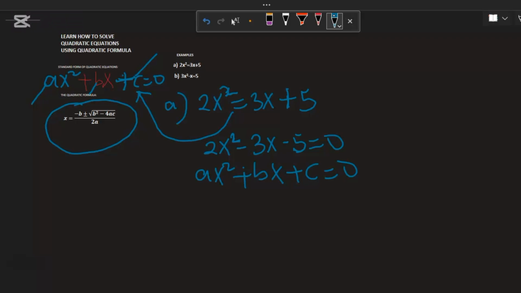In this given equation, the coefficient of x squared is 2. How did I get 2? You can just write 2x squared equals ax squared. The x squared cancel each other, which means a equals 2.